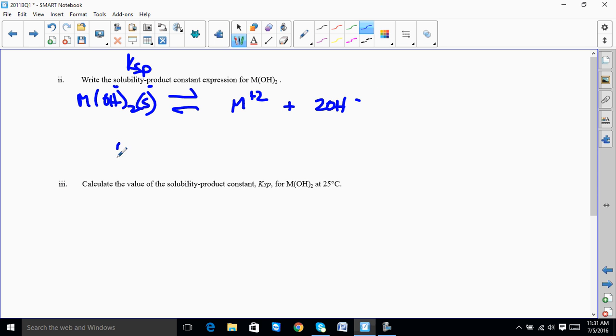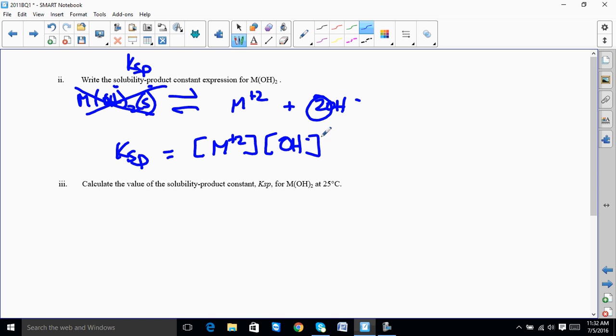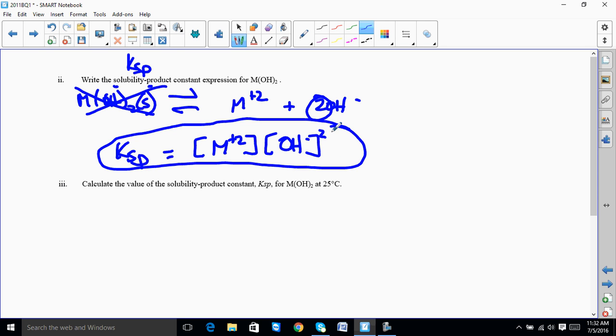Remember, pure liquids and pure solids don't factor in. So Ksp would be the concentration of the metal ion with the +2 charge times the concentration of the hydroxide ion, but because of the 2, it goes up here as a square. So this is the answer for II.